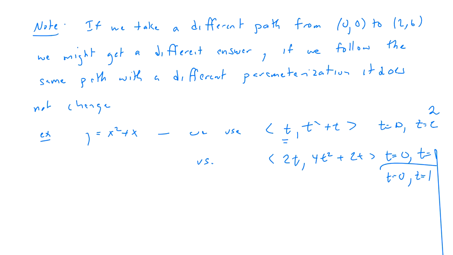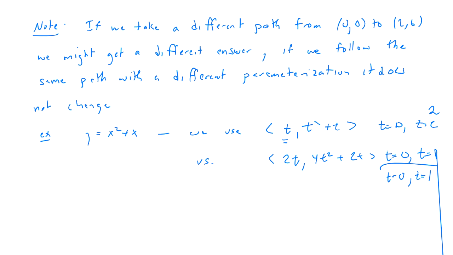So in the second one, if I put in t equals 1, I get 2, 6. So you can see all I've done is put in a 2t instead of a t. So y in terms of x is the same. In both cases, y is equal to x squared plus x, that is, 4t squared plus 2t, versus t squared plus t. Sorry about that.